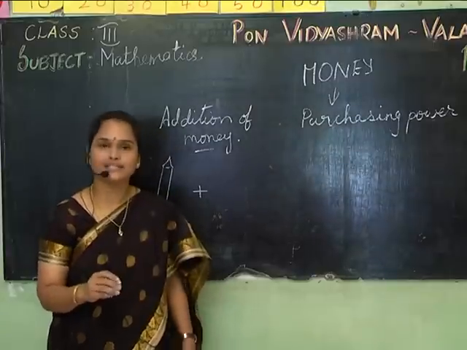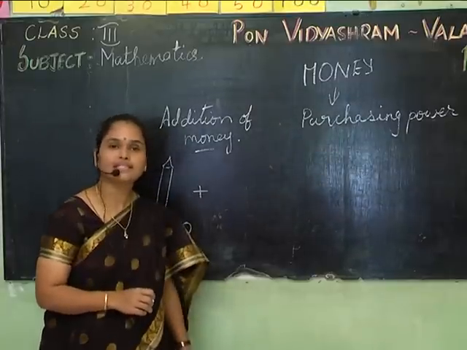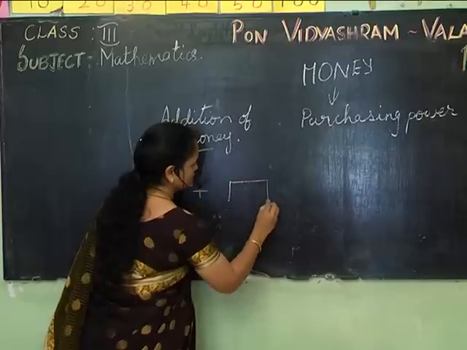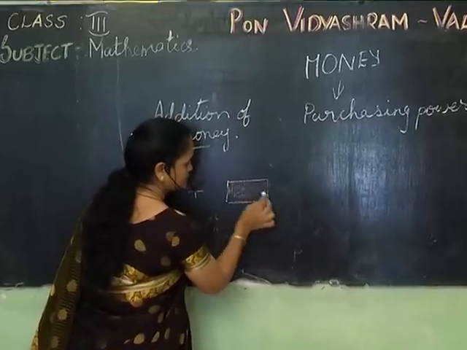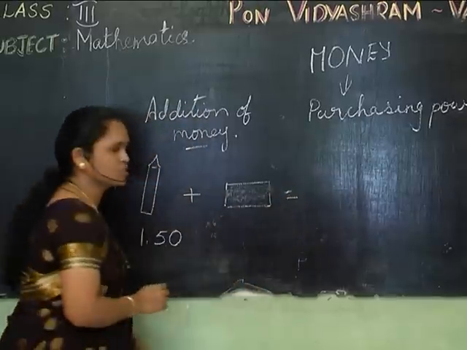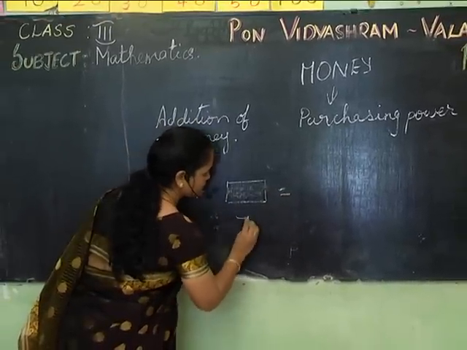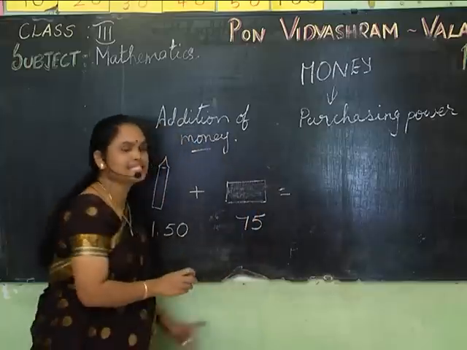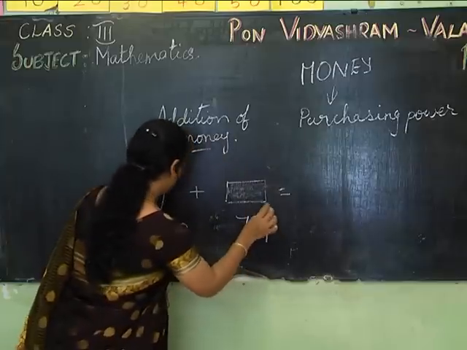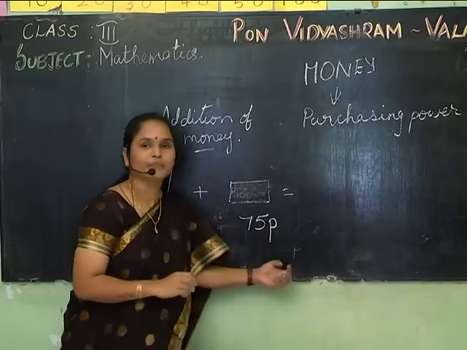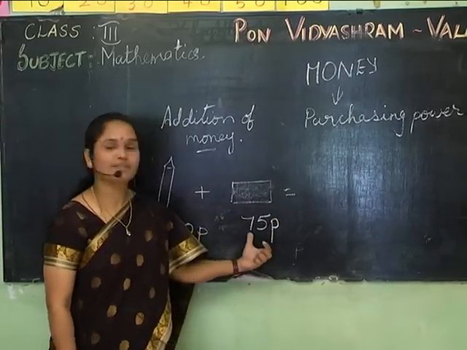I'll buy an eraser which costs only 75 paise. How do I write the eraser? This is an eraser. Now, the cost of the eraser, we'll just put as 75 paise. The cost of the eraser is 75 paise.